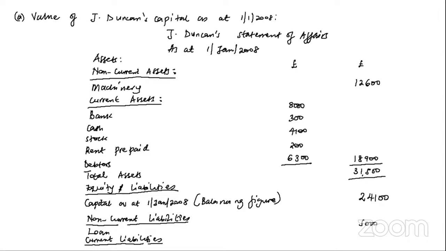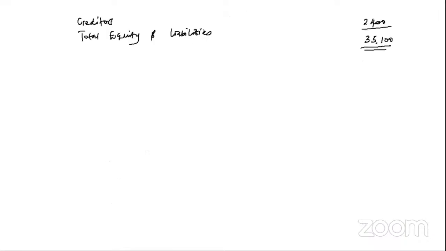This is J. Duncan's value of capital as at the start of the period. So J. Duncan's value of capital is 24,100, and this is our balancing figure in this statement of affairs.